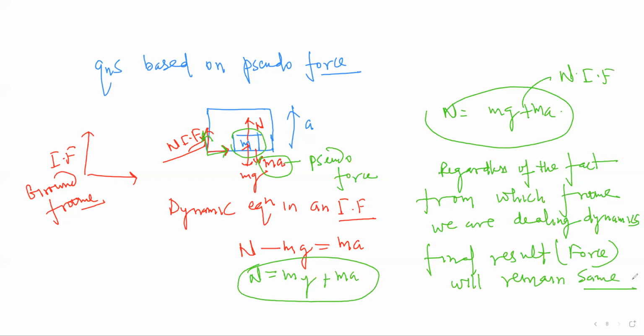Now, I'm going to elaborate it in more detail. Suppose there is a lift and a block is placed inside it, and the lift is going downward with acceleration a. So firstly, I am dealing with it in an inertial frame.